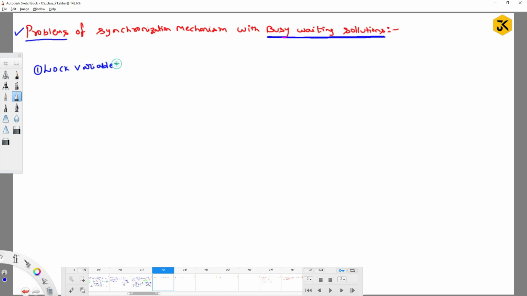The problem with this lock variable is it is not satisfying the primary goal of synchronization algorithms, that is mutual exclusion, right? As it is not satisfying this particular condition, we are moving to the other approach, that is the test set lock variable approach, right? In the test set lock variable approach, it is satisfying the mutual exclusion property and progress property.